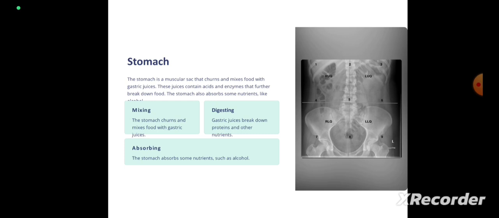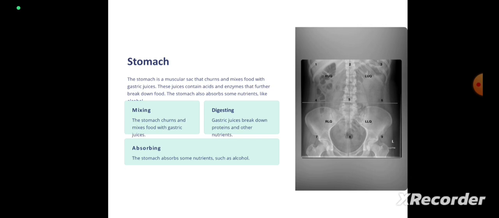Next is the stomach. The stomach is a muscular sac that churns and mixes food with gastric juice. These juices contain acid and enzymes that further break down food. The stomach also absorbs some nutrients.